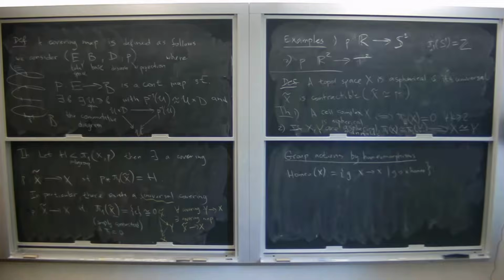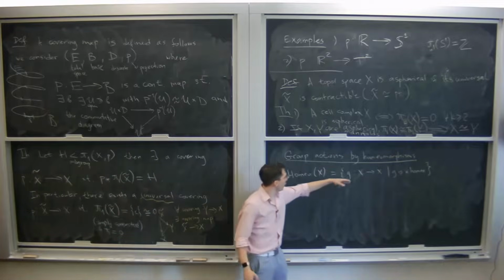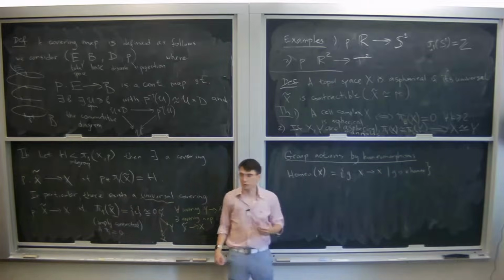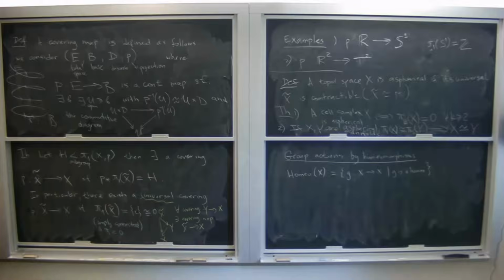Definitely we have an identity map, which just fixes every point, and for every g, we have the inverse map, which is an inversion with respect to our group operation.